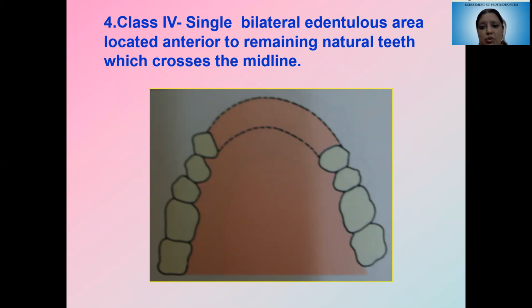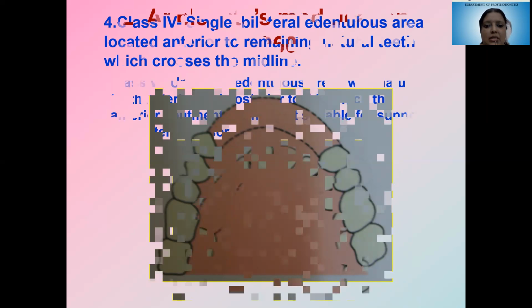It is anterior to the remaining natural teeth, but it is not bilateral. It does not cross the midline. When only a single central incisor is missing, then it will come under Kennedy's class 3. Only when the edentulous area crosses the midline does it come under Kennedy's class 4.